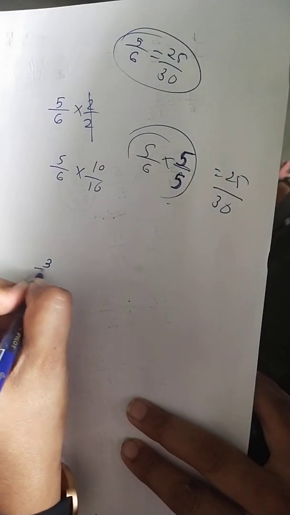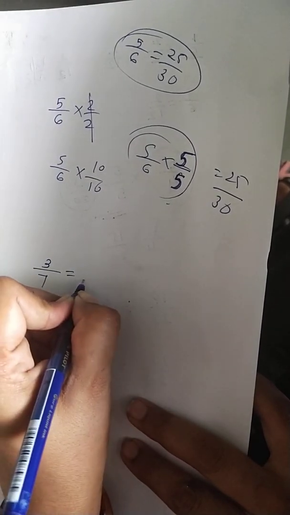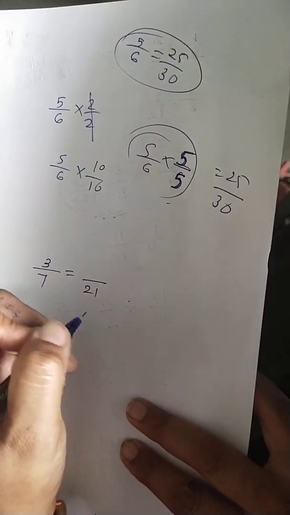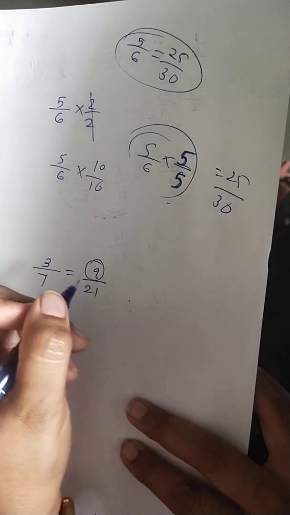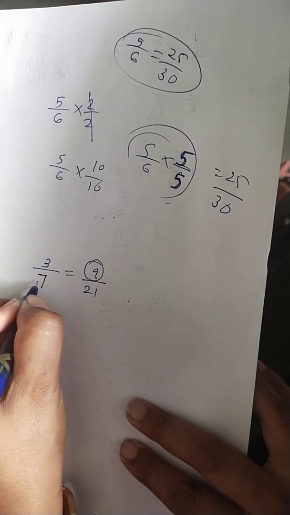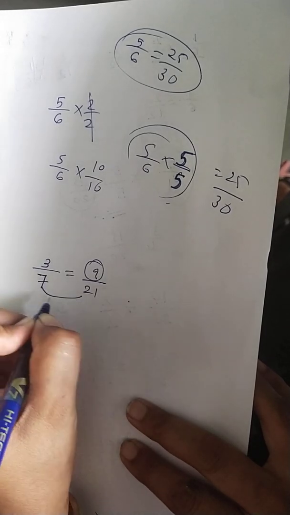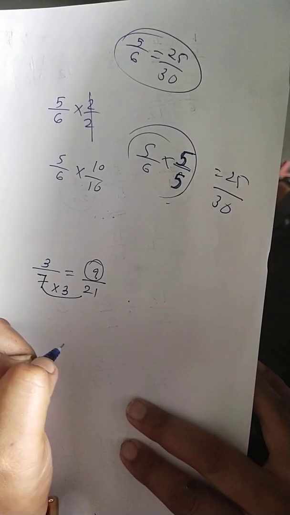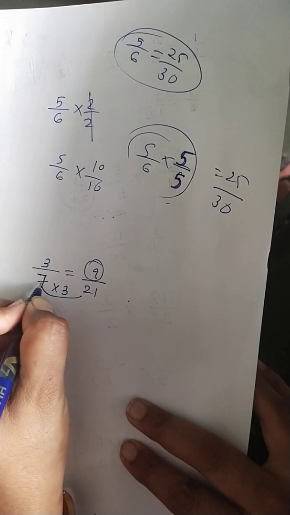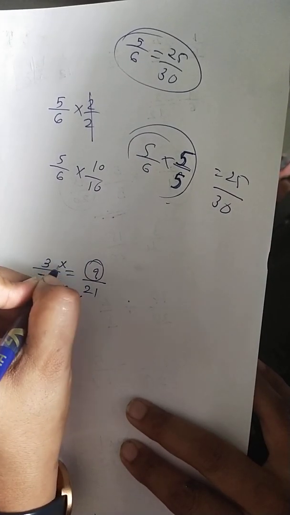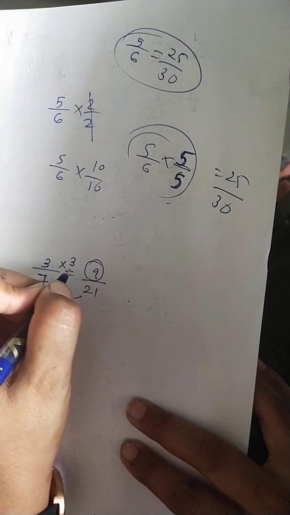Understood, students? Suppose I am asking here 3 by 7 is equal to something by 21. So you have to put one number over here. How can you put it? Check. Say the table of 7 till 21. Yes, 7 3s are 21. We know the rule of the fraction is whatever number we multiply with the denominator, the same with the numerator. 3 3s are 9.